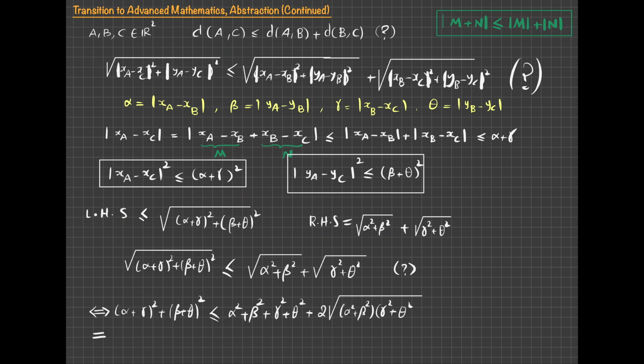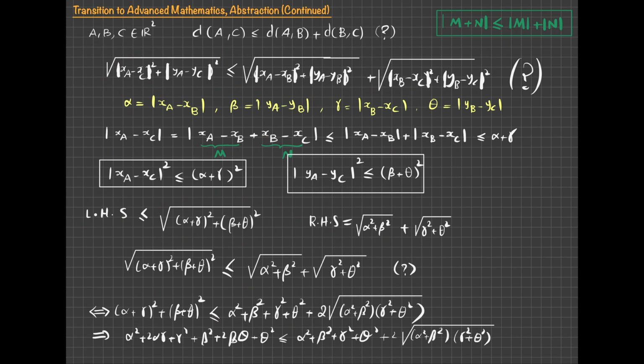Now I go forward and I square the left-hand side. I expand the left-hand side. Alpha squared plus 2 alpha gamma plus gamma squared plus beta squared plus 2 beta theta and then plus theta squared is less than or equal to alpha squared plus beta squared plus gamma squared plus theta squared plus the rest of the terms. But now you see that something happens here. Alpha squared and alpha squared are gone.